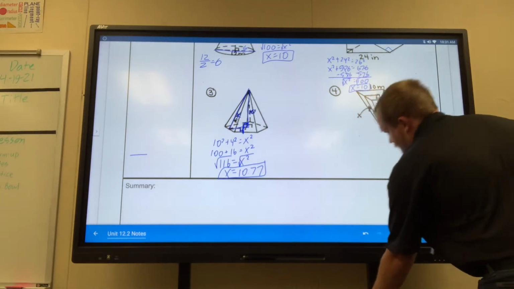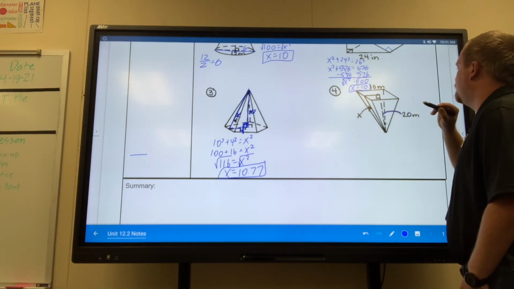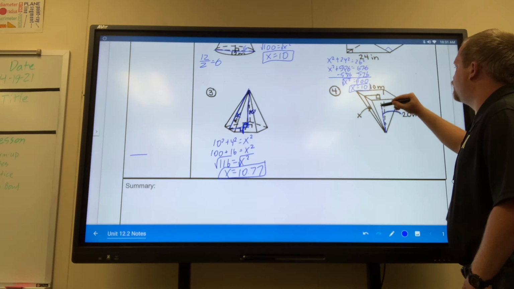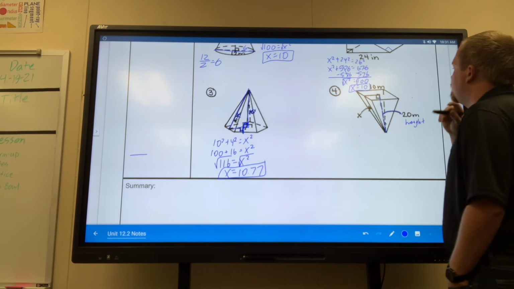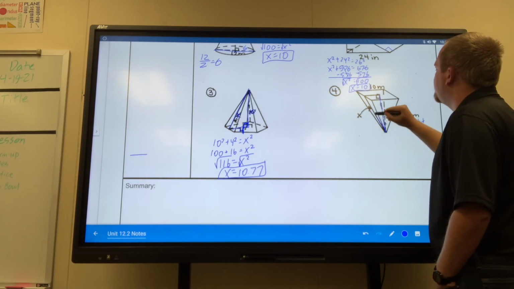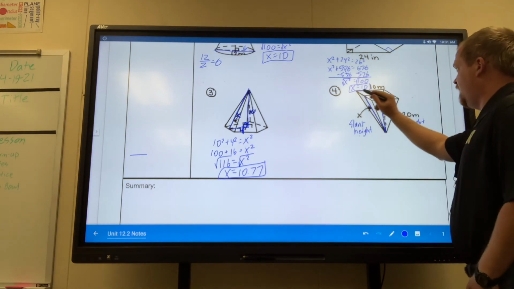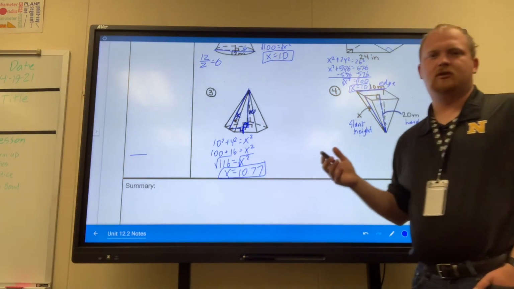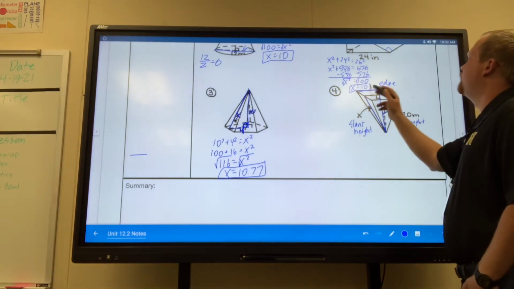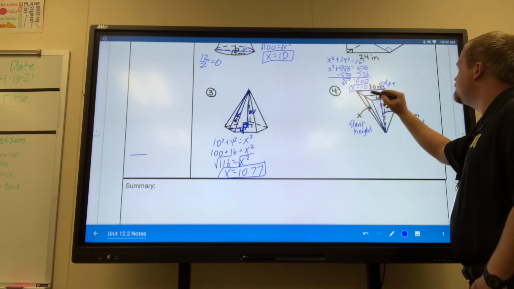Now, this time we have something that's upside down. This 20 right here is my height. This x right here is my slant height. And this edge here is 10 meters. Now imagine if this was cut in half still. We want to take half of 10, which is 5.